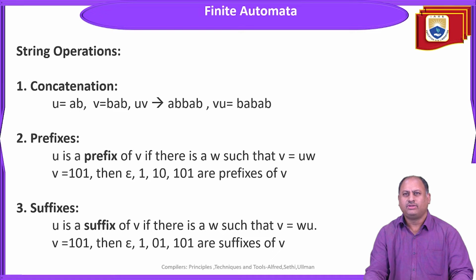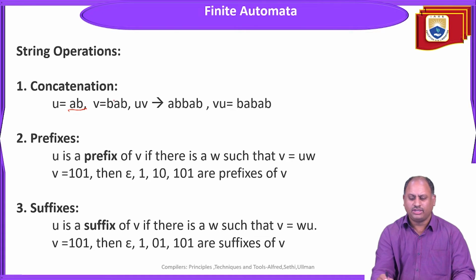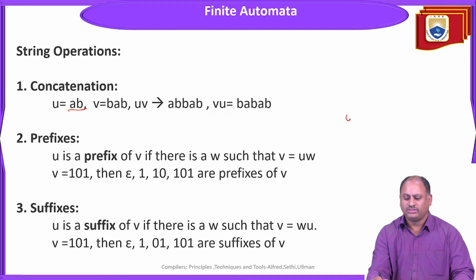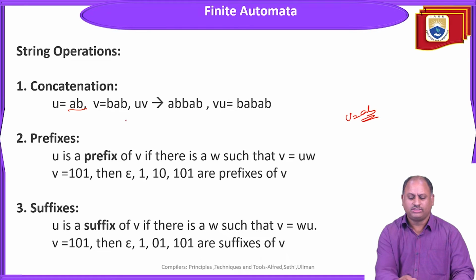And we are going to perform some operations on the strings also. For example, what are the operations we can perform? Concatenation is one of the operations generally performed on strings. For example, consider one string U equal to AB and another string V equal to BAB.